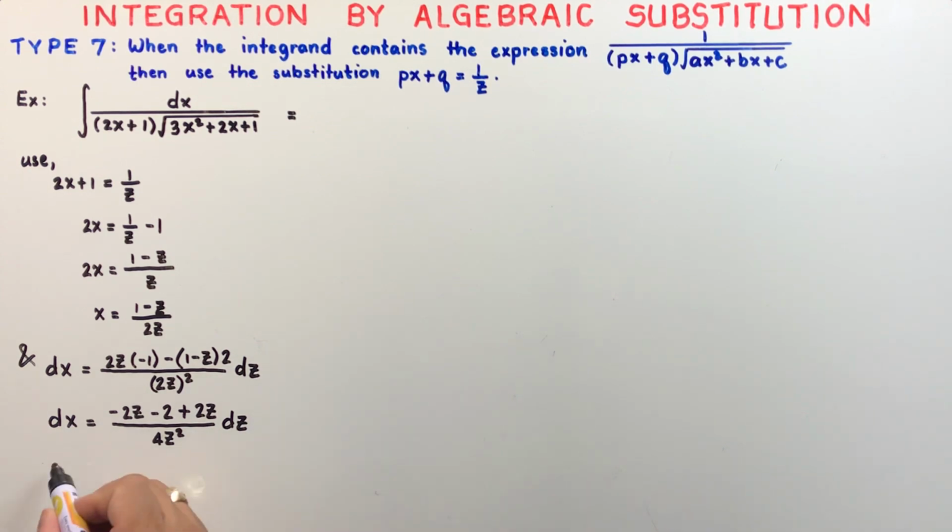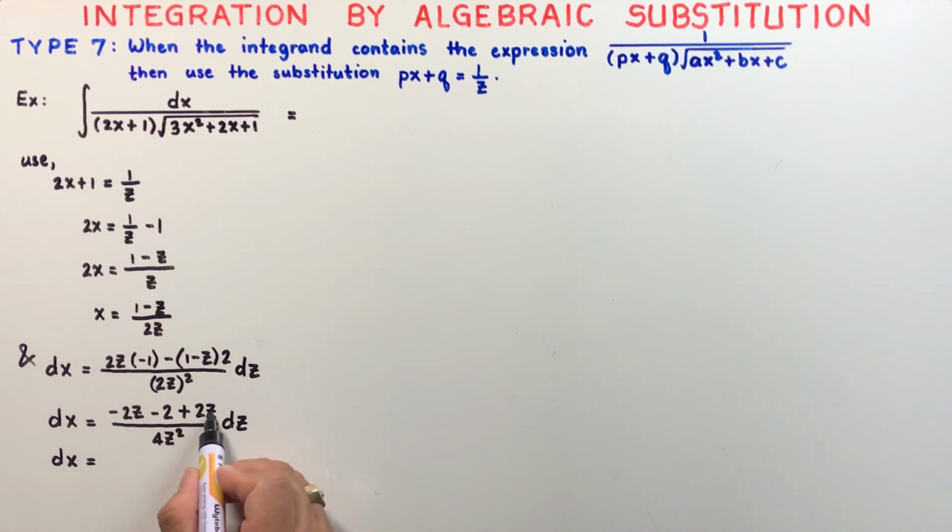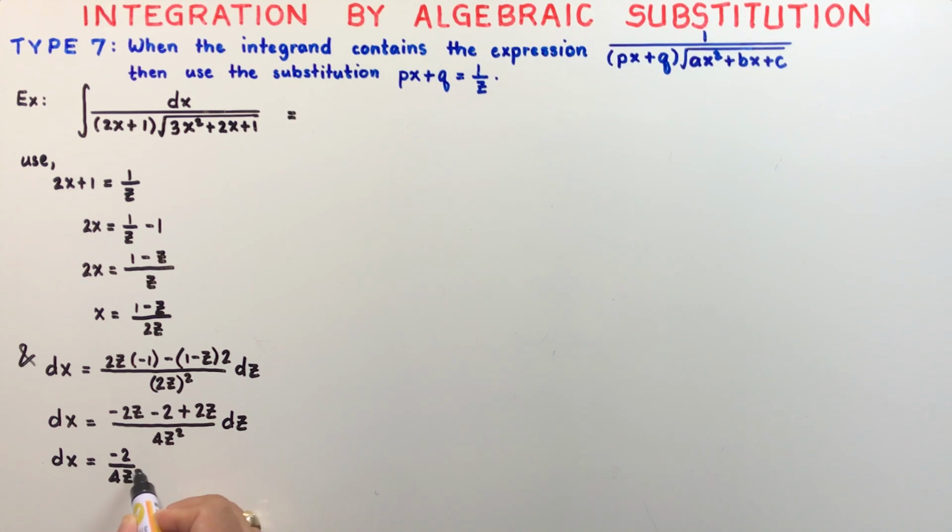But we notice that our numerator can be cancelled here. 2z minus 2z is 0. So what remains is negative 2 over 4z squared dz. So our dx is equal to negative dz over 2z squared.